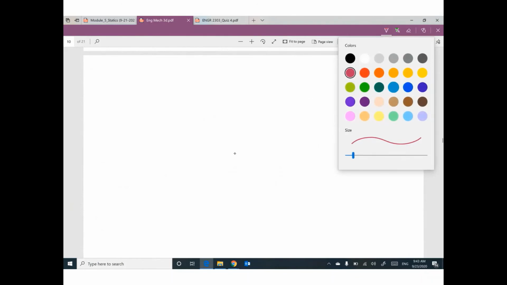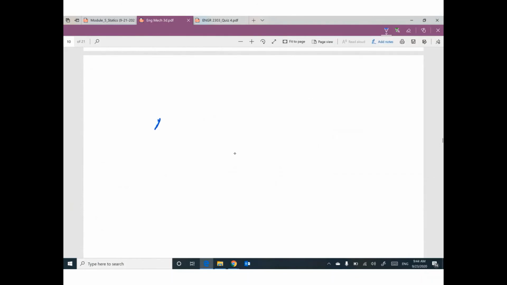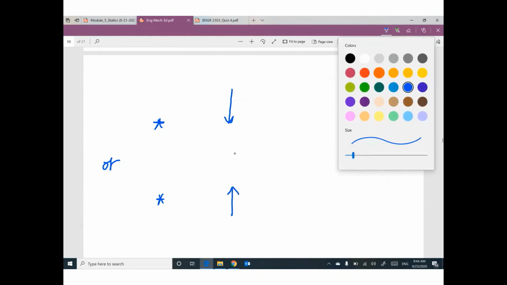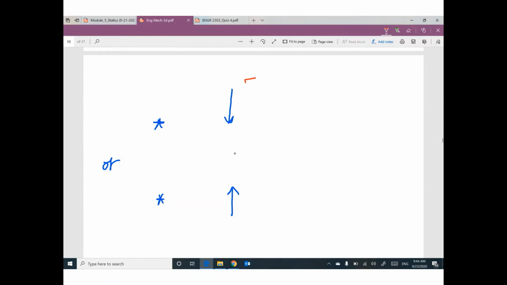If you have a point and you have a force like this, or you have a point and you have a force like this, if you multiply this force by this distance, you can get a moment. Can you tell me what is the direction of this moment?